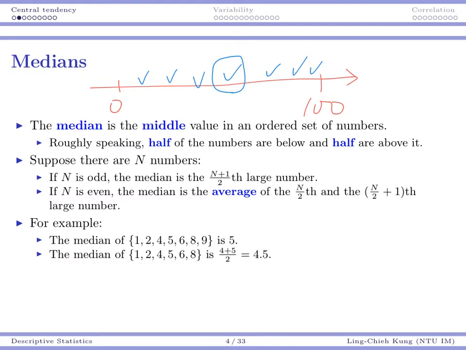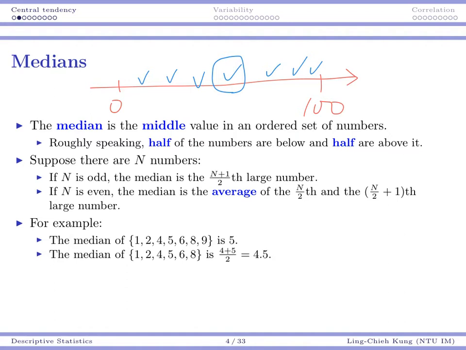There are some technical things. If n is odd, like here we have 7 numbers, then we are talking about the fourth number as the median of those 7 numbers. But if n is even, then we use the average of the two middle values as our median.